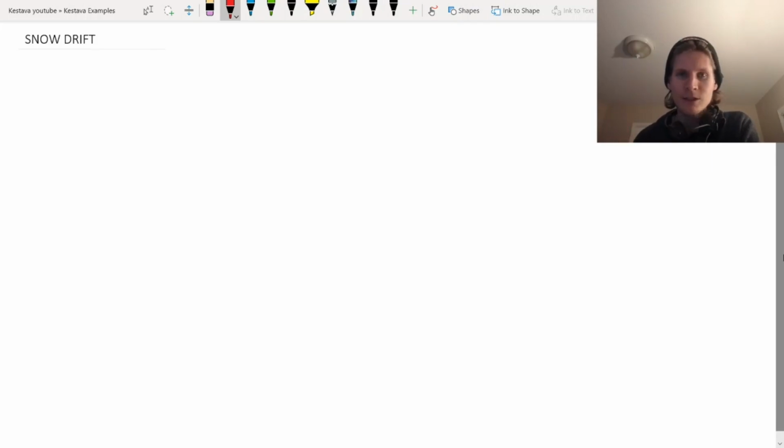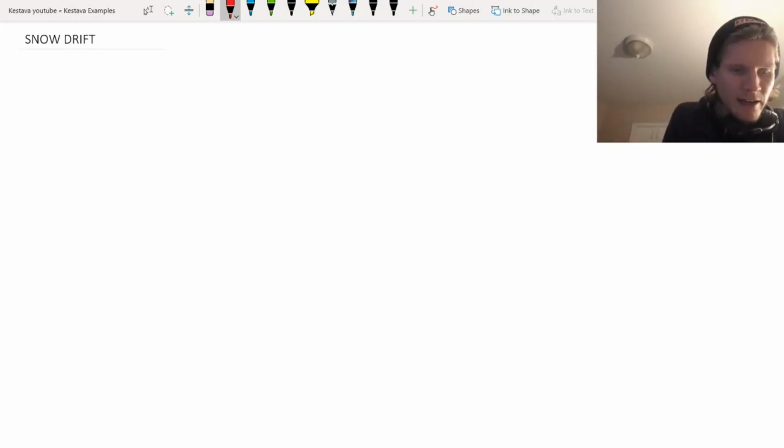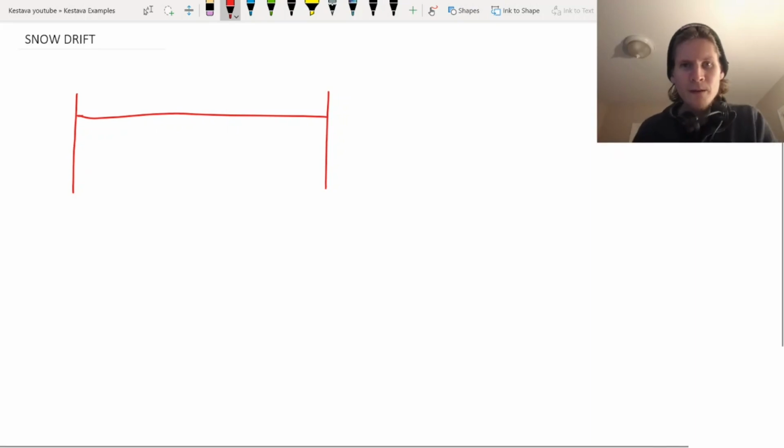All right, you know where we're headed. So we talked about snow drift. Let's give some criteria here. So what do we got going on here today? Well, we have a flat structure, and what I'm doing is taking a section cut through that structure. So it's a flat roof, and then we have parapets all the way around the structure. So that is this little wall right here.